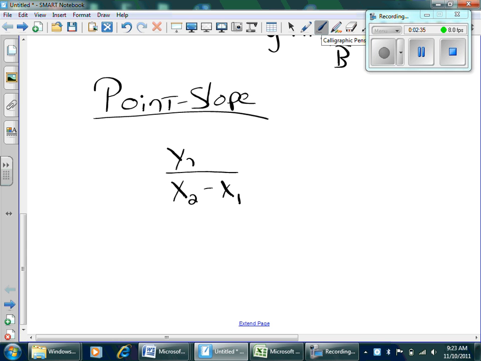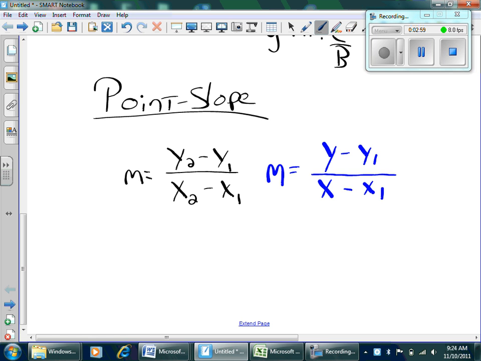Now, if you look up point-slope form in your textbook, they're not going to use the 2's and the 1's. So I'm just going to rewrite this slope formula like this. I'm going to write y minus y sub 1, and then x minus x sub 1.